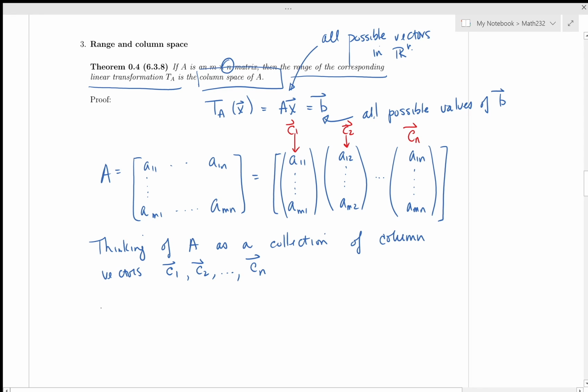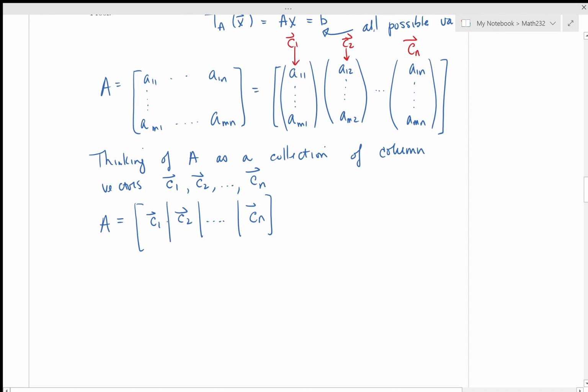Okay, so I'm going to write A again like this: c1, c2, up to cn, where each one of those c's is a column vector. Now let's take a look at what it looks like when I multiply by x. I get those column vectors and multiply by x, which I'm going to write in its component form.